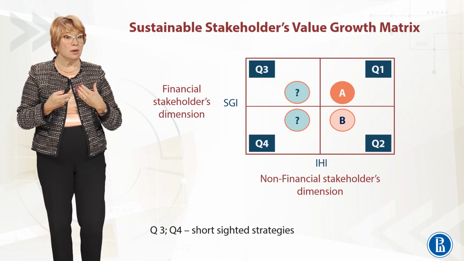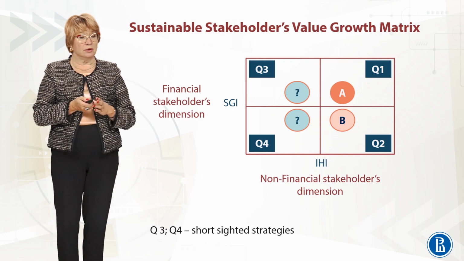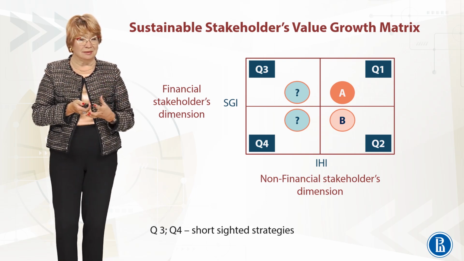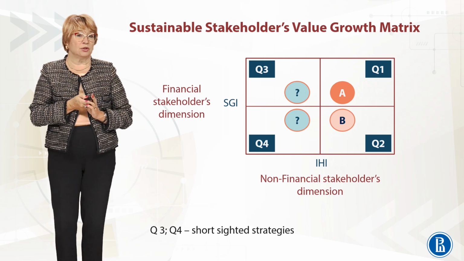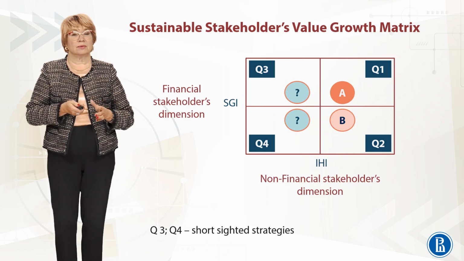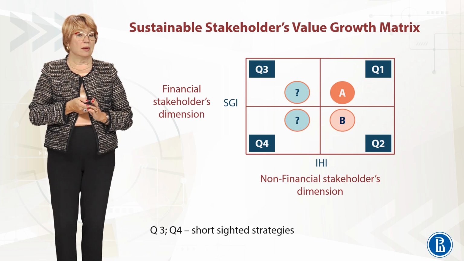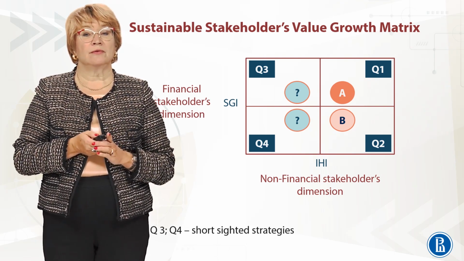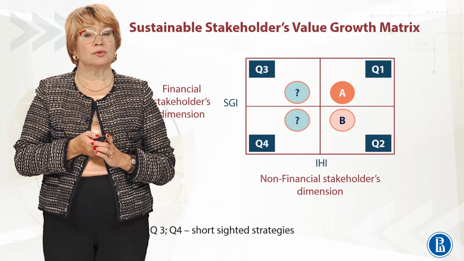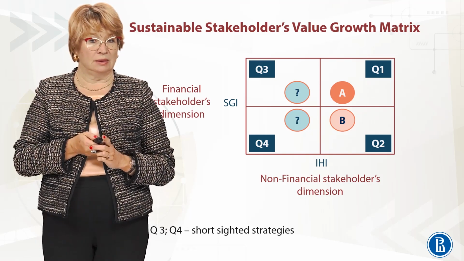To my mind, I would advise looking at them in terms of their short-sighted background. Why do I think those are short-termist plans? Because Q3 and Q4 are dealing with negative values of the harmonization of interests index.